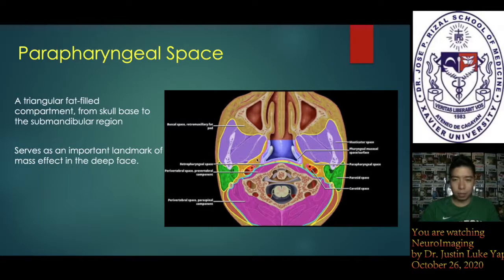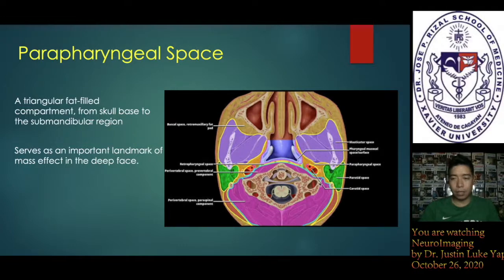So the parapharyngeal space is this yellow-orange region. Basically the concept is that if, for example, you're dealing with a pathology that involves the parotid space, your parapharyngeal space will be displaced medially.